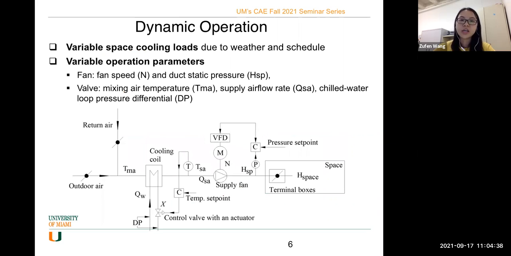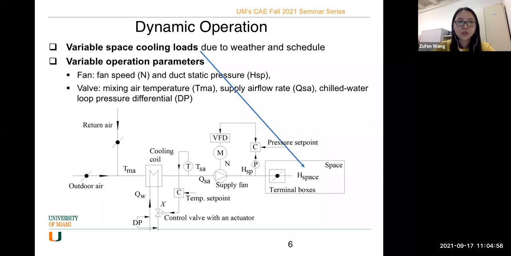In practice, due to weather and schedule changes, we have variable space cooling load. Because of the variable space cooling load, the 2 control systems operate under dynamic conditions and have variable operation parameters.